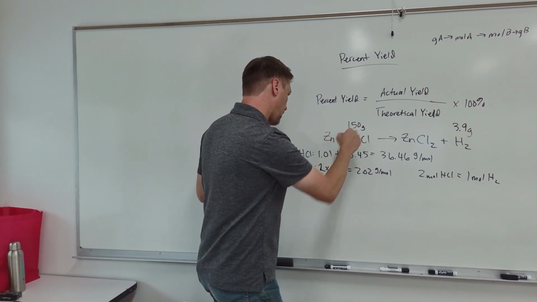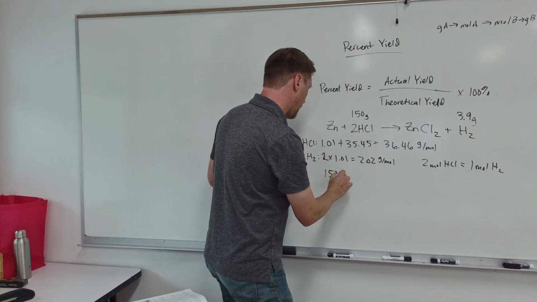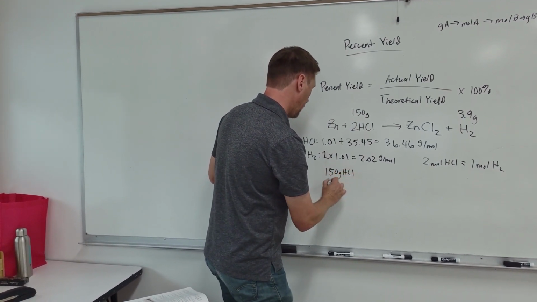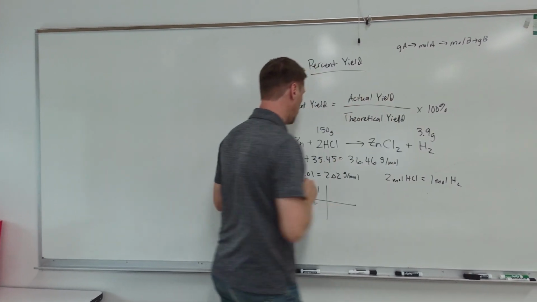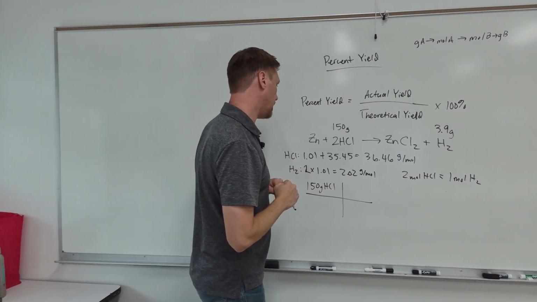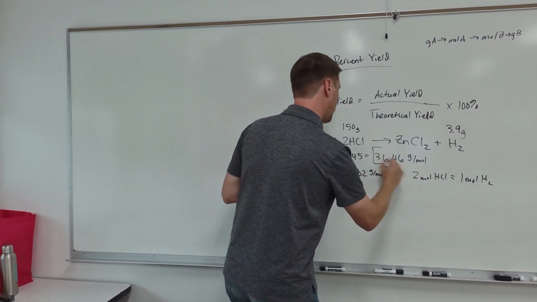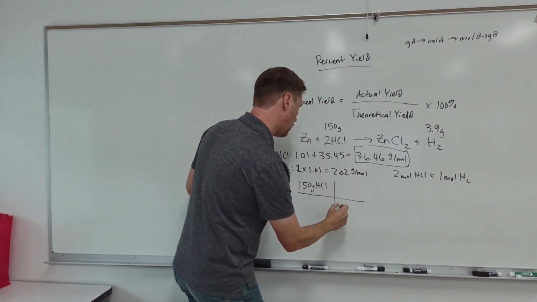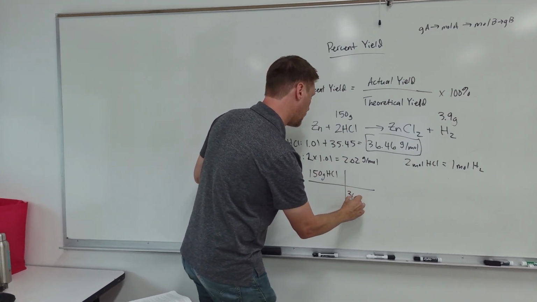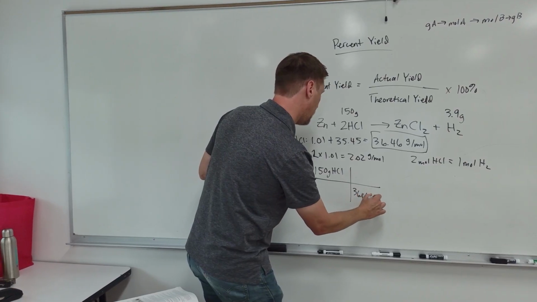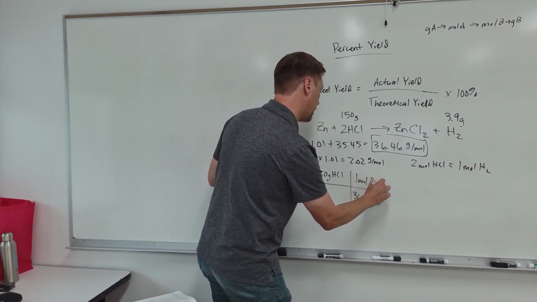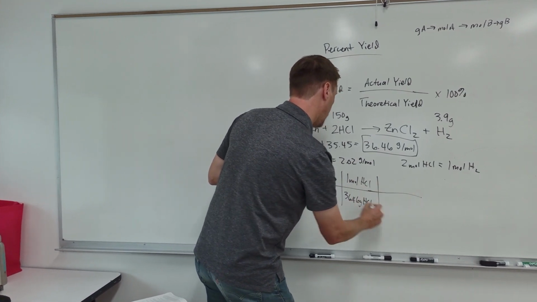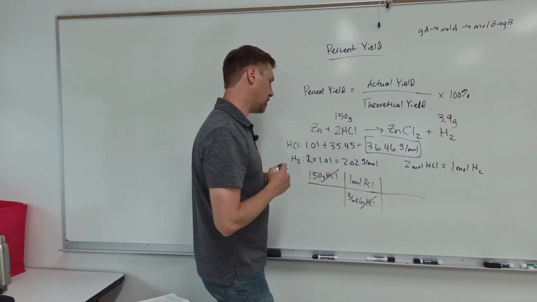So let's do that. We're going from 150 grams of HCl. And we're going to first convert that from grams of A to moles of A. So we've got to find the moles of HCl. We're going to use this relationship for that. So we know that 36.46 grams of HCl is how much HCl we have in 1 mole of HCl. Okay, that's going to give us the moles of HCl.